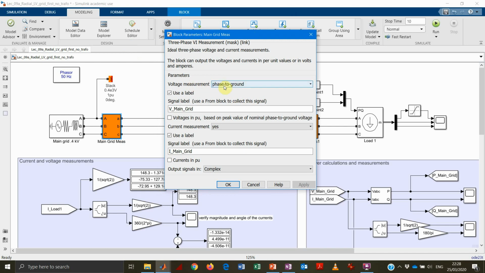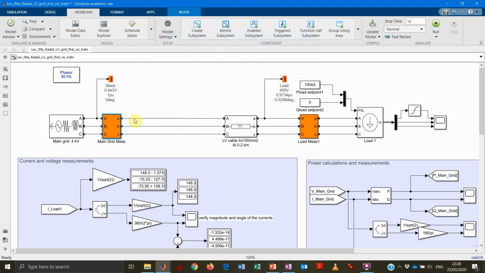So in this case, I just set the voltage values to be phase to ground, and the current, just the current going through one of the phases. Remember, we have a fully balanced system, so it doesn't make any difference which phase I take. Also, I don't have the neutral. Again, it's not important because I don't have any unbalance.